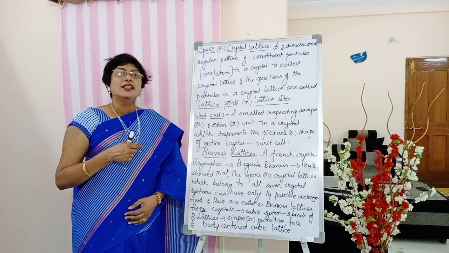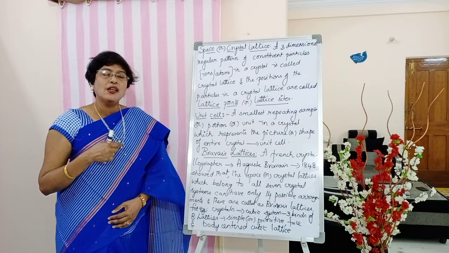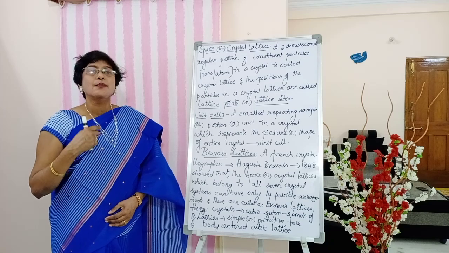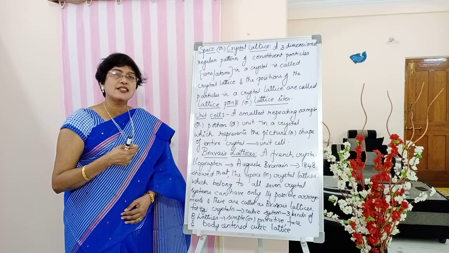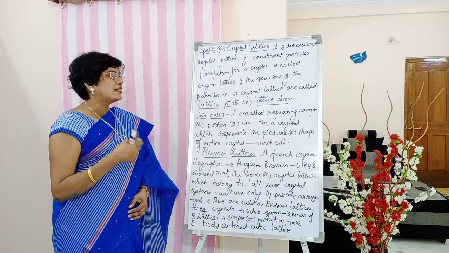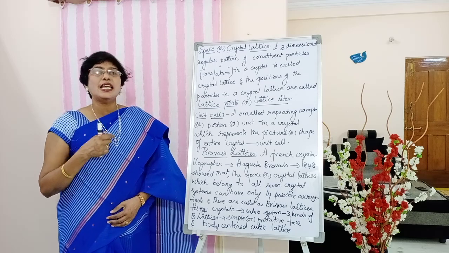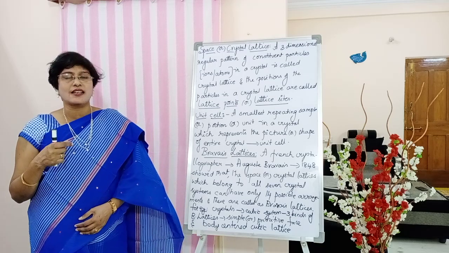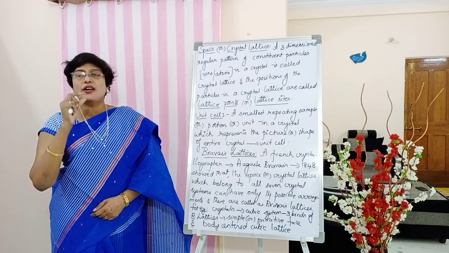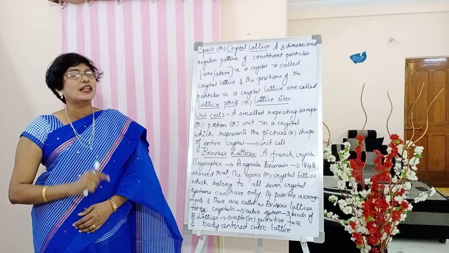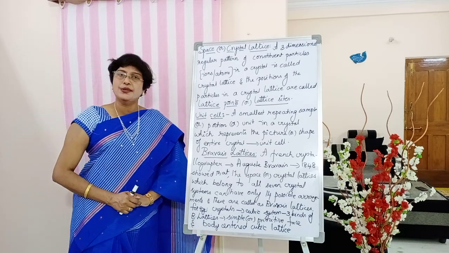Write down, students: unit cell means the smallest repeating sample or unit or portion in a crystal which represents the picture or shape of the entire crystal. On repetition it gives the entire picture of the crystal, students. This is what we call a unit cell.